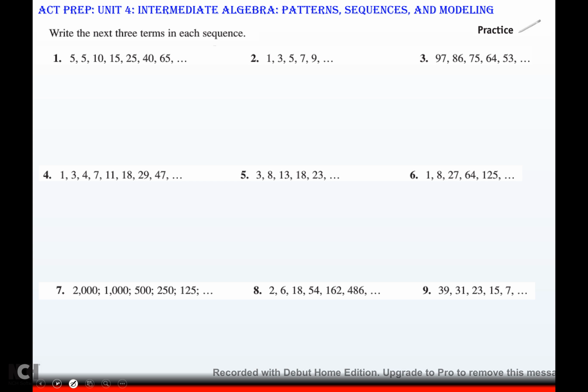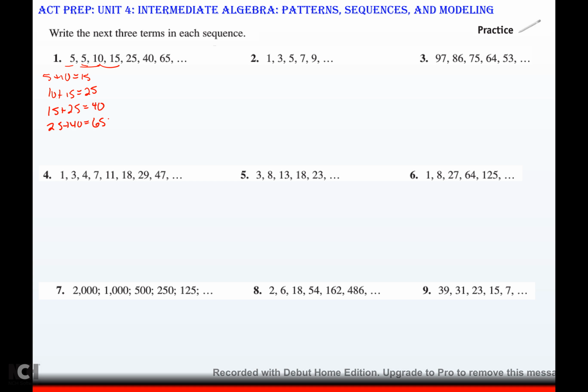And I get, if I ignore this first one, 5 plus 10 is 15. 10 plus 15 is 25. Okay, so it looks like what they're doing to get the next term: 10 plus 15 is 25, 15 plus 25 is 40, 25 plus 40 is 65.